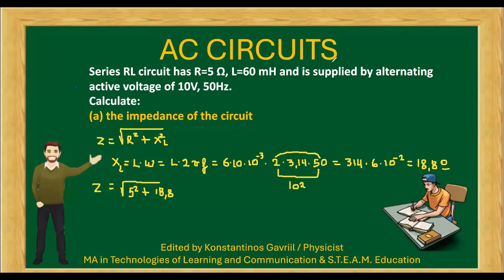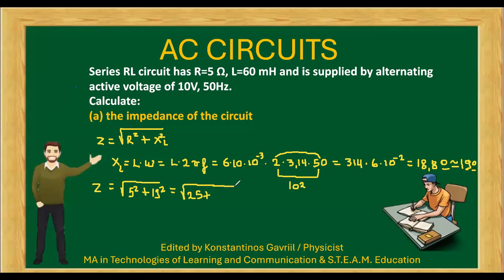Okay, we are going to make a rounding of this number, almost 19 ohms. 19 squared, which is equal to 25 plus 361, which is equal to the square root of 386, which gives me 19.6 ohms. And this is the impedance of the circuit.